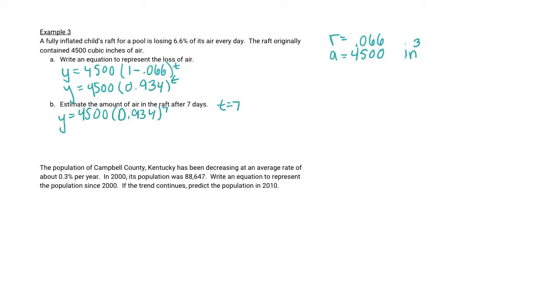Put it in our calculator. I'll write down the steps over here. 0.934 to the 7th power equals, and then that answer times 4,500 equals, then there's your answer.